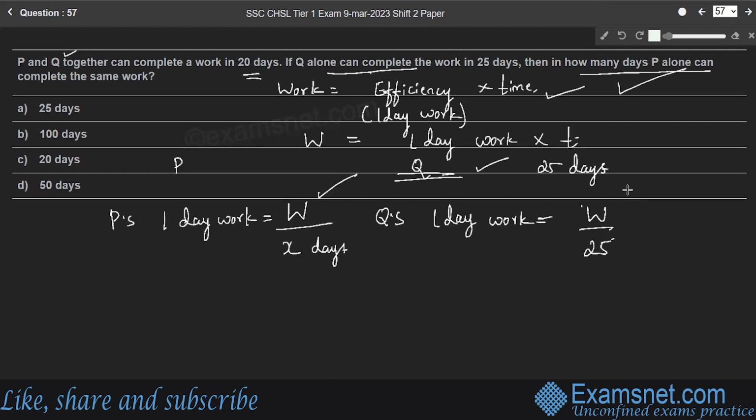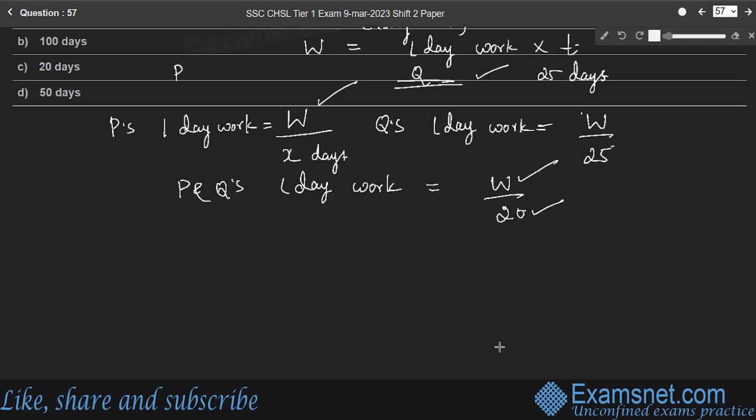Therefore, P's 1 day work will be W by X. Given that P and Q together can complete the work in 20 days. Therefore, P and Q's one day work is nothing but W by 20, because together they take 20 days to complete W amount of work.